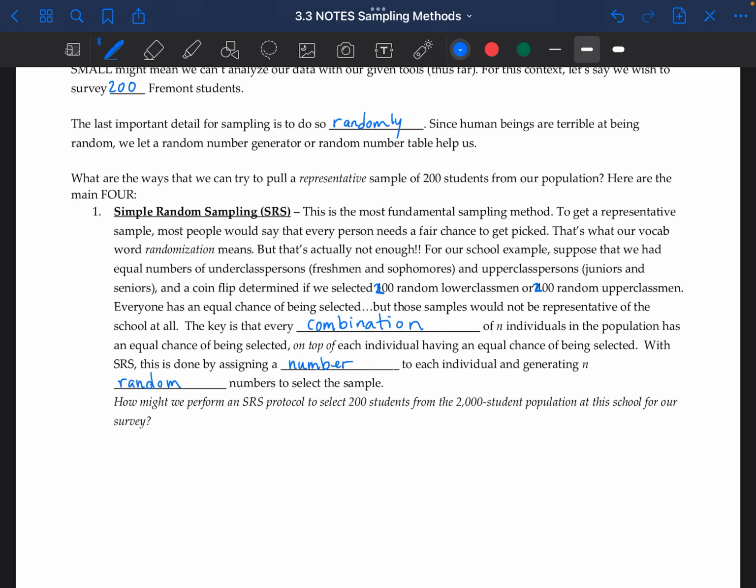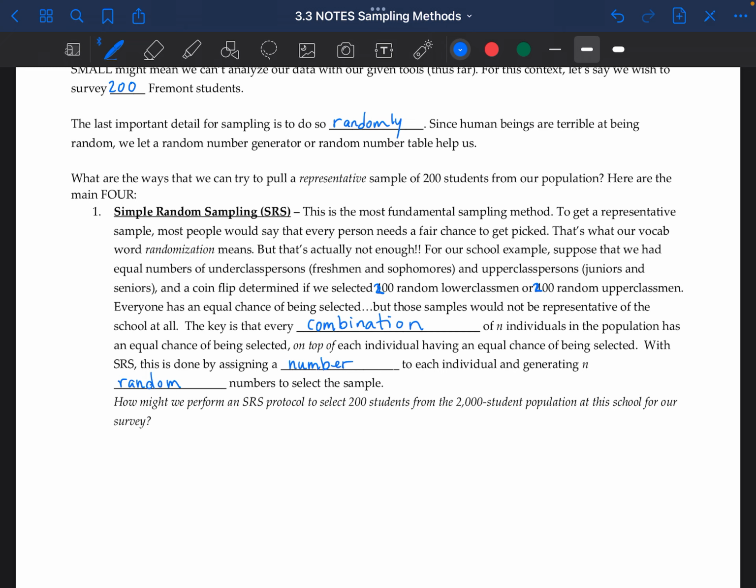The classic example of this is we write down the student ID number for every single student in the school on a little strip of paper, and we put them in a giant bucket, and you just rummage around with your hands here.